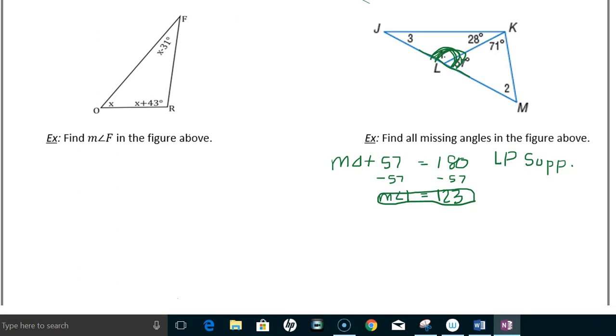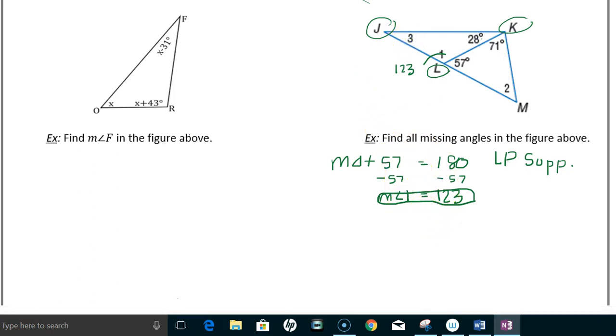So I have found the measure of angle 1 using the linear pairs information. Now that I know the measure of angle 1 is 123, I can use that information going forward. I'm just going to put it in my figure, and it's hard to squeeze it in there, so I'll just use a little line, 123. So now I know triangle JKL: I've got 123 in this angle and 28 in this angle. Now I can find the measure of angle 3.